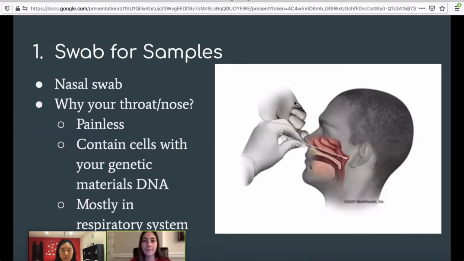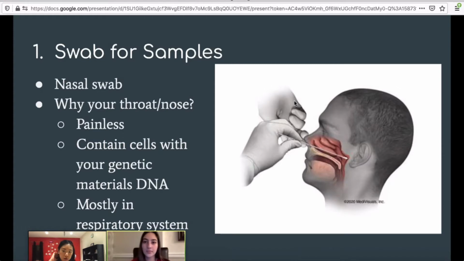The first step is swabbing for samples. So specifically for COVID-19, we're using the nasal swab. So why do we get samples from your throat or your nose? First of all, this procedure is painless and it's very convenient for the doctors to perform.